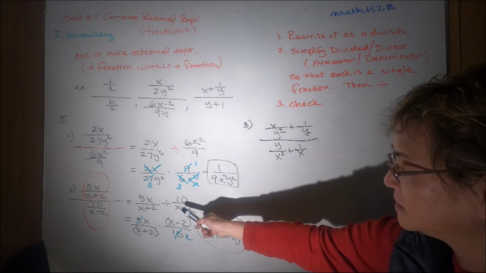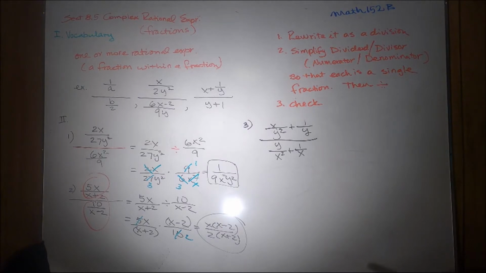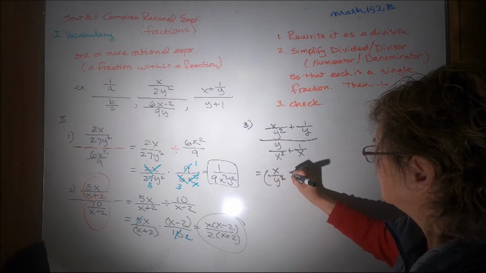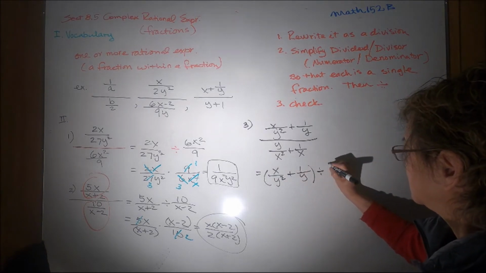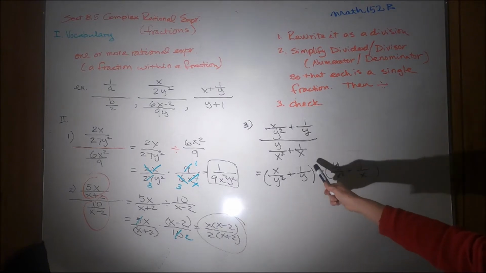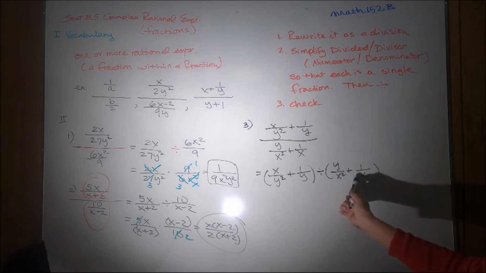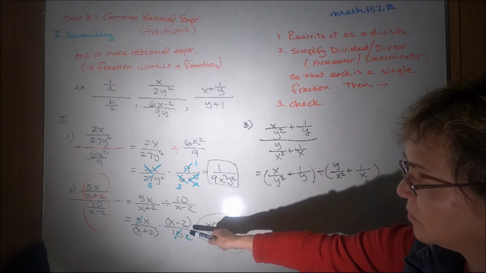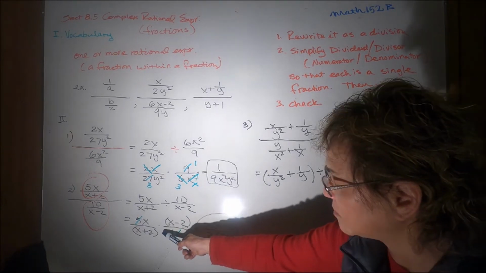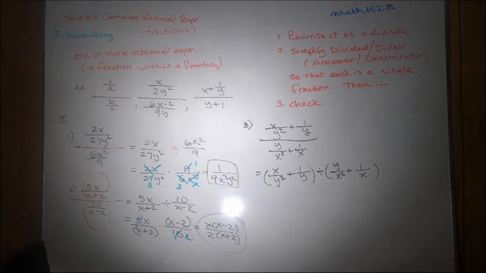divided by y over x squared plus 1 over x. First we will write it as a division, right? If you write it as a division, like x over y squared plus 1 over y divided by this. Within the numerator or the denominator, you cannot directly flip it to multiplication, because when we multiply by the reciprocal, it has to be a single fraction.